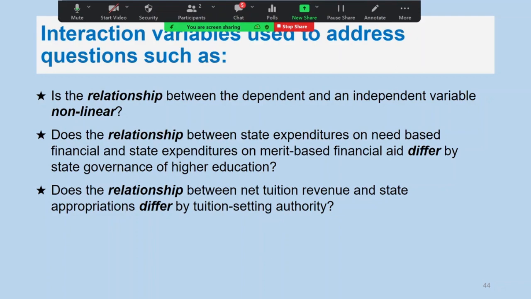All you're doing is now telling Stata that you want to combine what you have already, a code for the type of state governance, with, say, merit-based financial aid, to look at how the relationship between state expenditures on need-based aid and merit-based aid differs by the type of governance in the state.